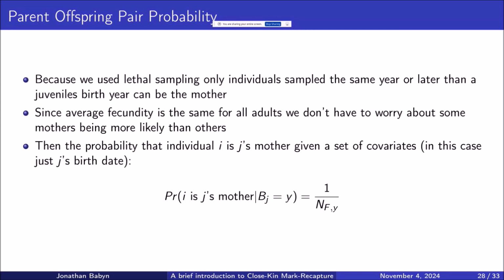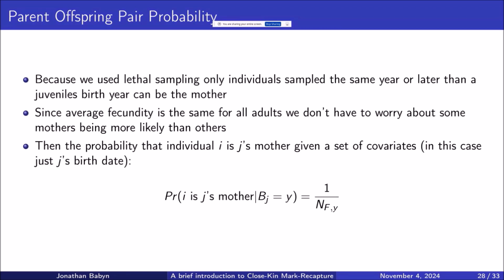Because since they die after they're sampled, you can't have kin pairs after they're sampled, right? So I hope that's clear. So we don't have to worry about parents potentially surviving to the year that the offspring was born in this case. And since the average fecundity is the same for all adults in this example as well, we also don't have to worry about some mothers being more likely to have offspring than others, right?